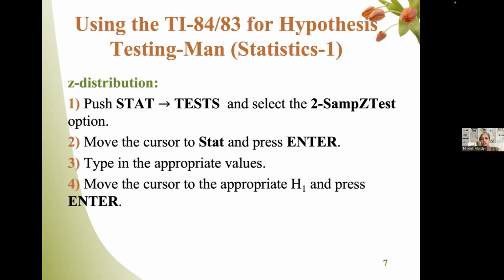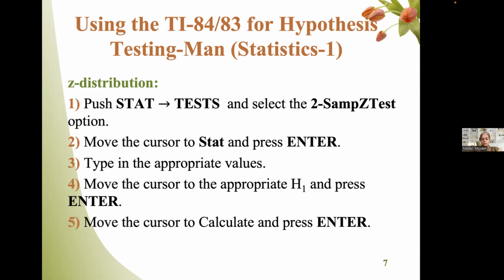Then for H1, we have right tail, left tail, two tail. You have to pick the correct tail test. Move the cursor to the appropriate H1. Again, I mean that you have to pick either two tail, right tail, or left tail. Press enter. After you pick that, move the cursor to calculate, press enter.